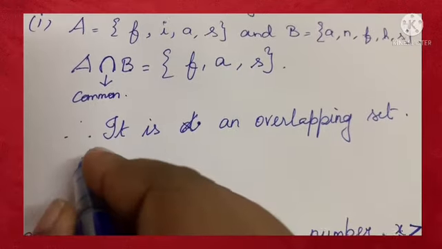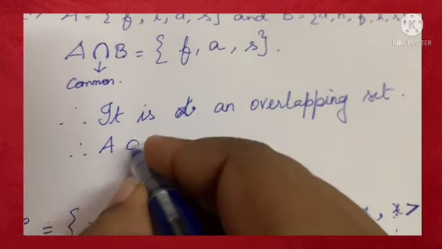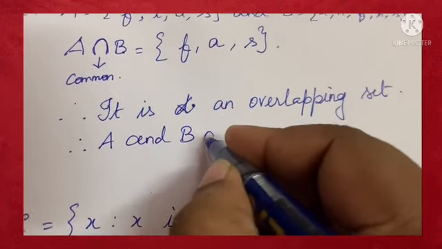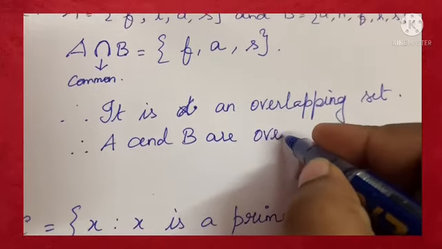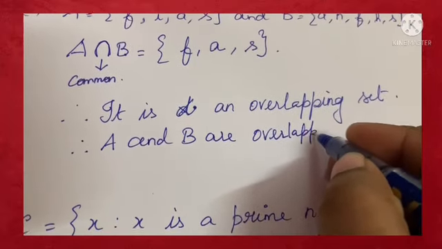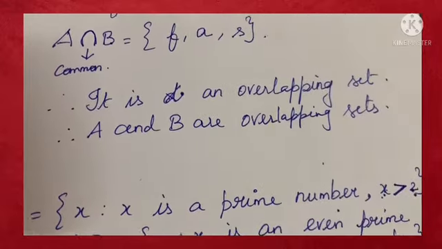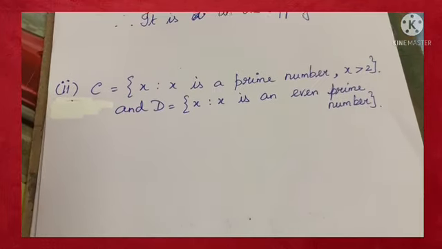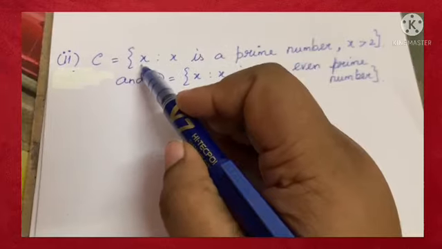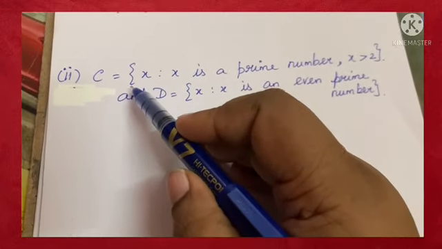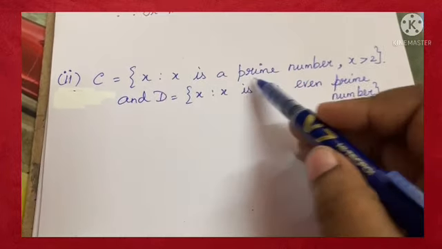Finally, I can say that A and B are overlapping sets. Okay, now moving on with your next sum. C is equal to X such that X is a prime number.